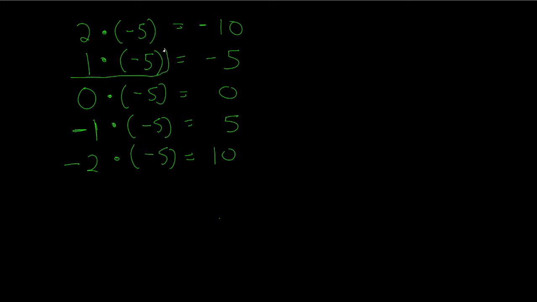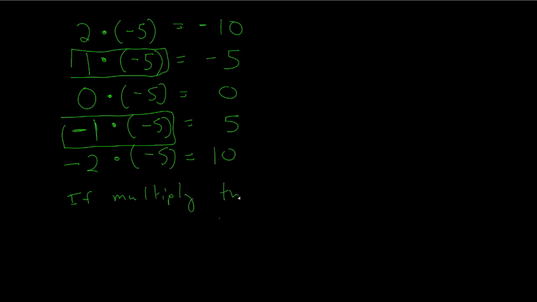And there's a subtle pattern in here if we look at the signs. And what we notice is if I multiply two numbers with the same sign, my answer is positive.